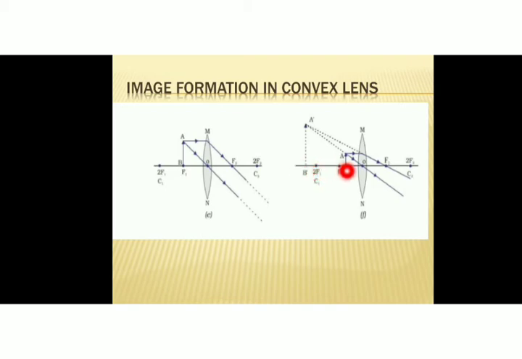Okay, so whenever the object is between F1 and O, the image is obtained on the same side of the object, and we will get a virtual, erect and enlarged image. So this is the only case where a convex lens produces a virtual image. For all other cases, a convex lens produces a real image.